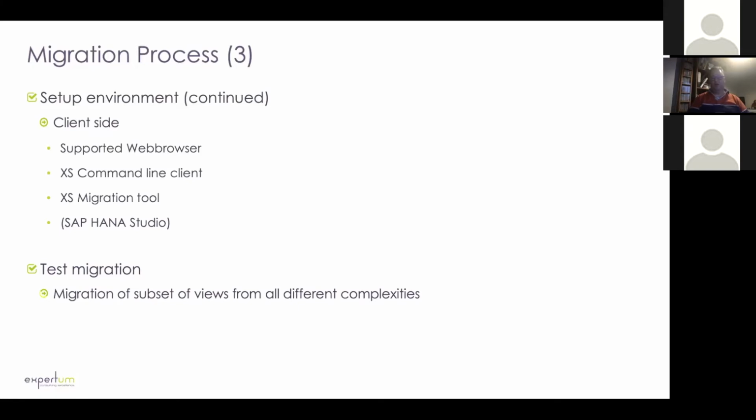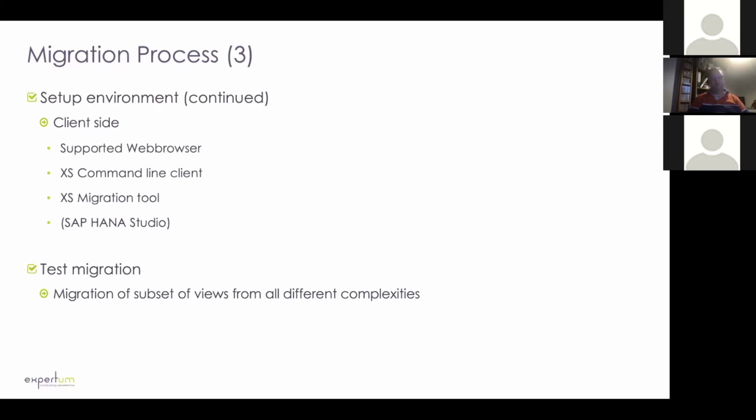You also have to think about things not only like, does it work? Does it provide the same output as my HANA 1 views, but also think about performance, because HANA 2 and the way the optimizer works changes quite a lot. And that can have a pretty big impact on performance.